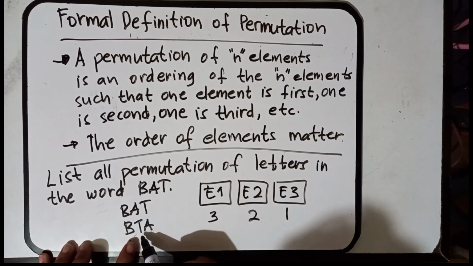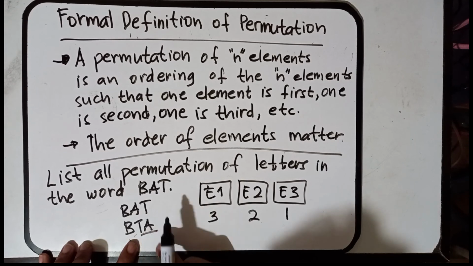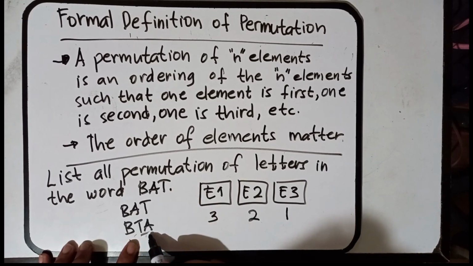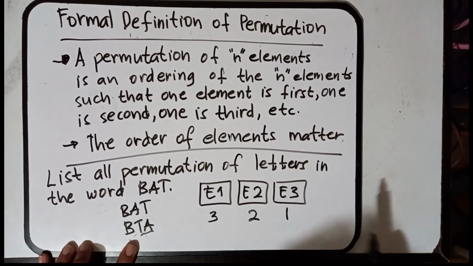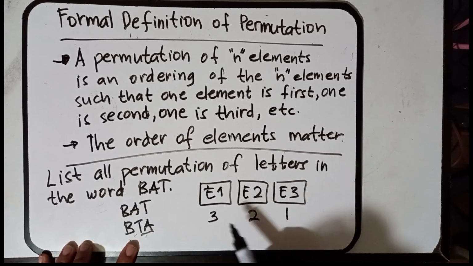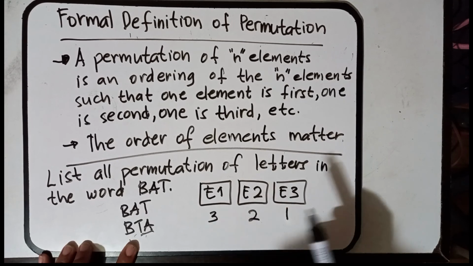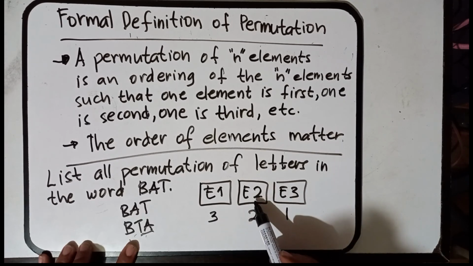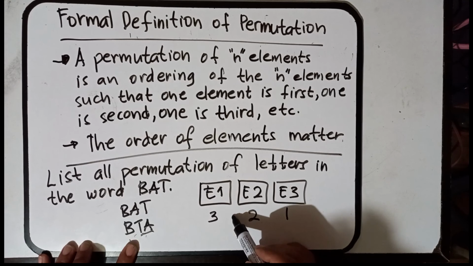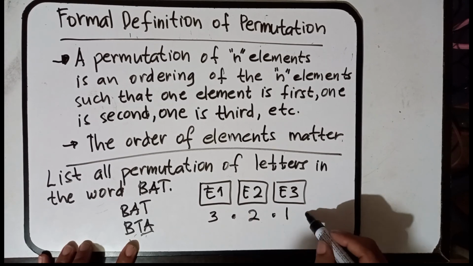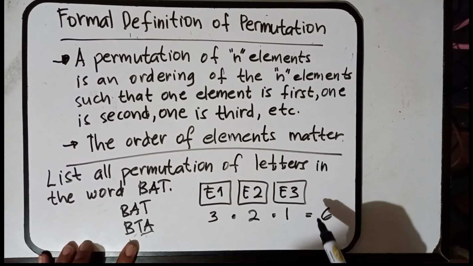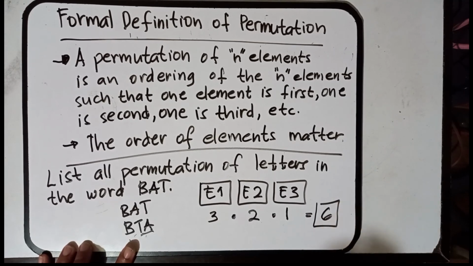After choosing the T, we have only A left. So that is now event 3. After getting the number of ways for event 1, event 2, and event 3, what we can do here is just multiply these numbers: 3 times 2 times 1. So we get 6. So the total permutation is 6.